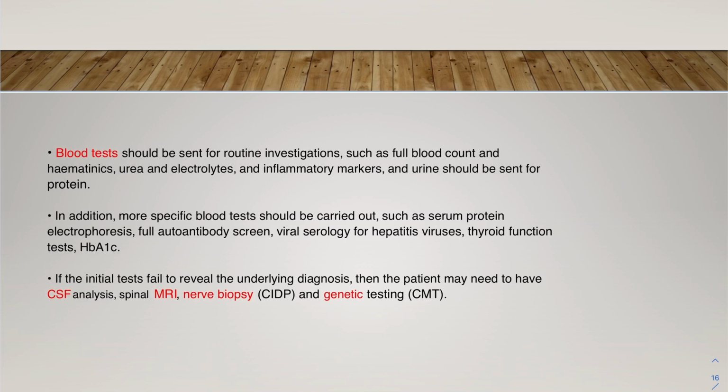So if all these tests fail to reveal the underlying cause, then the patient may need CSF analysis, MRI of the spine, nerve biopsy for CIDP, and genetic testing for Charcot-Marie-Tooth disease. So this is how you're going to answer the examiner on how you would investigate.